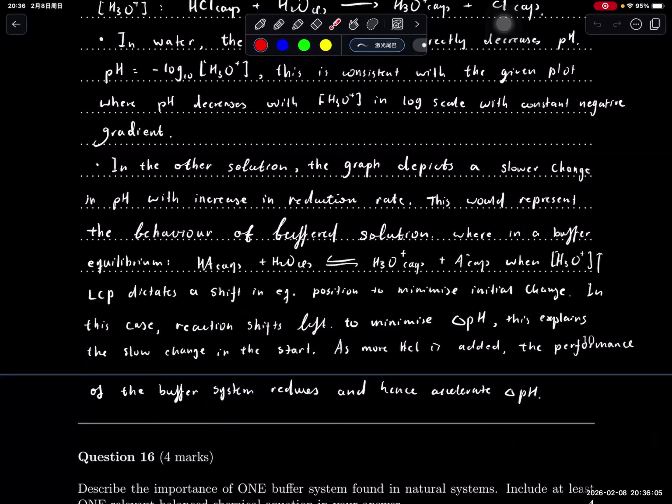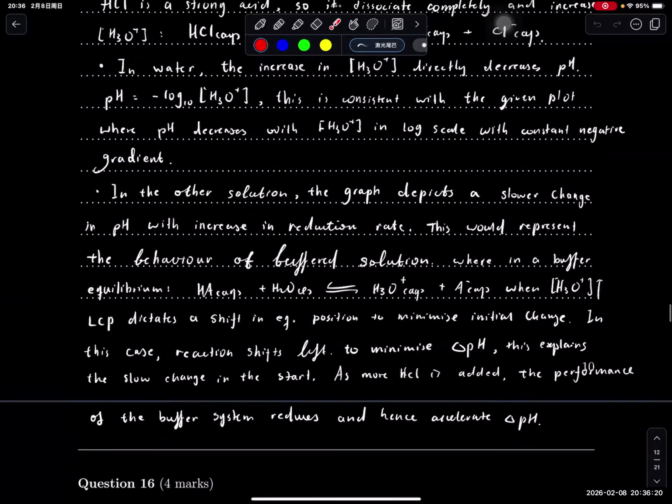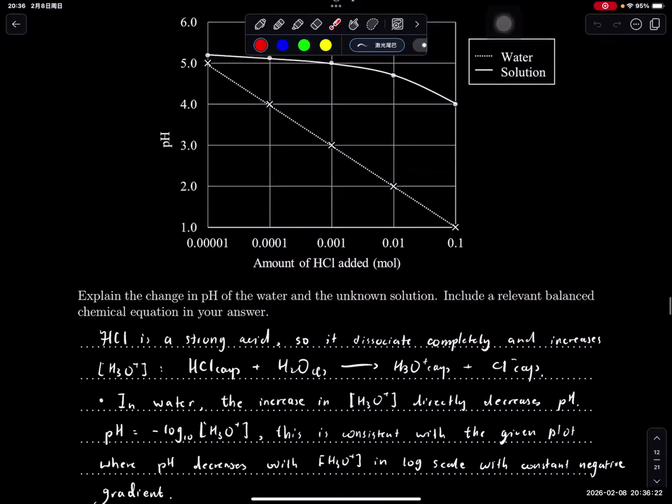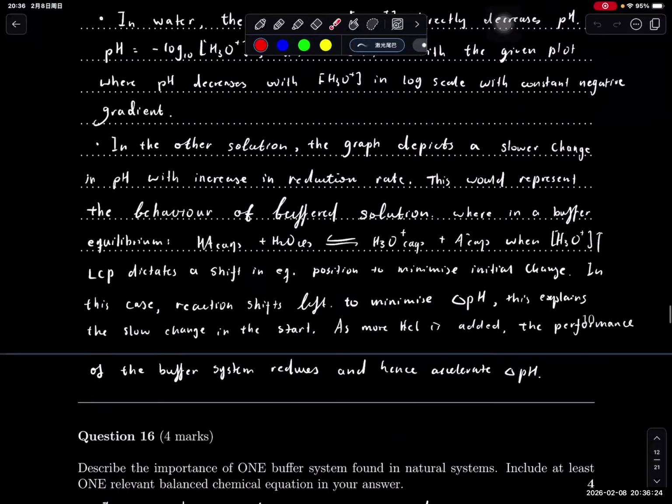In this case, the reaction would shift left to minimize delta pH. This explains the slow change at the start, and as HCl keeps being added, the performance of the buffer system reduces and hence accelerates the delta pH, and that's why we get an increasing pH gradient.